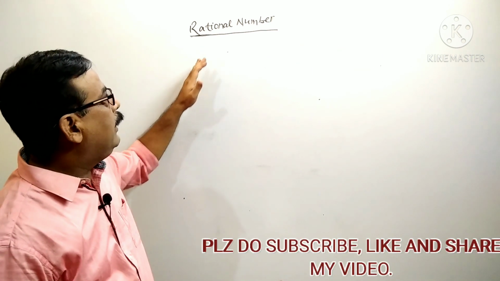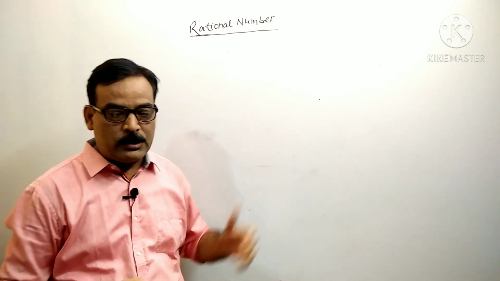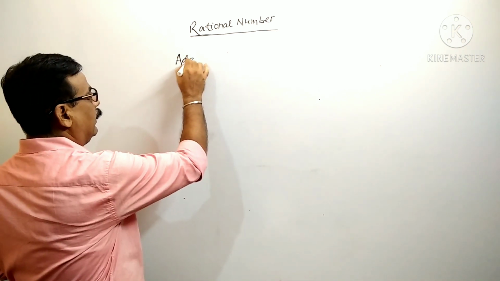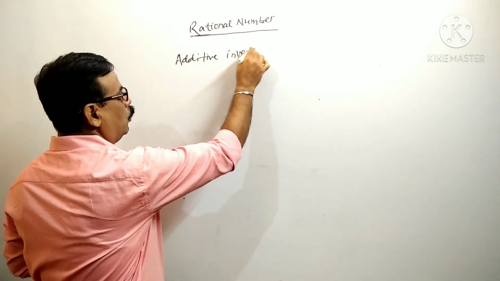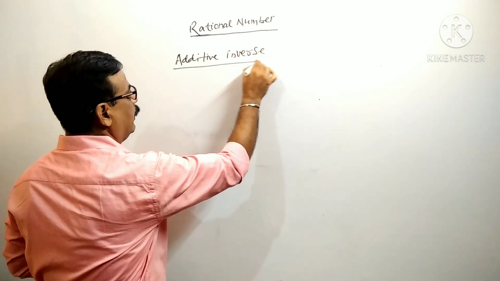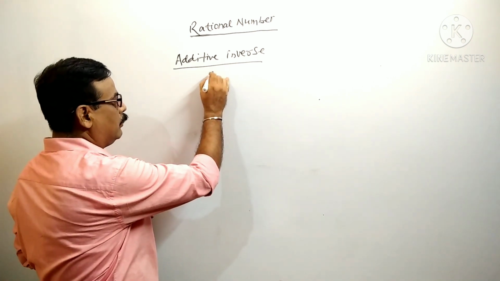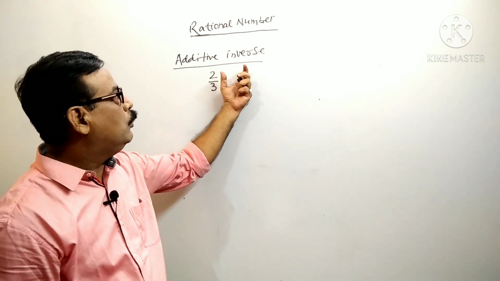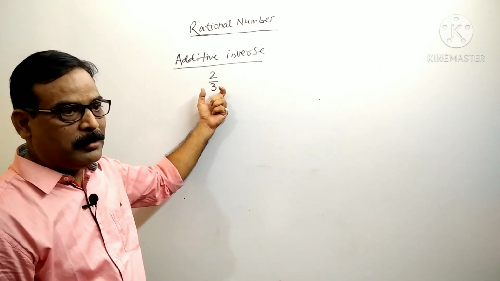Now we are going ahead in rational numbers, and the term we are going to explain is additive inverse. So what is additive inverse? Suppose any rational number, that is 2 by 3, we have to find what will be the additive inverse of this rational number.